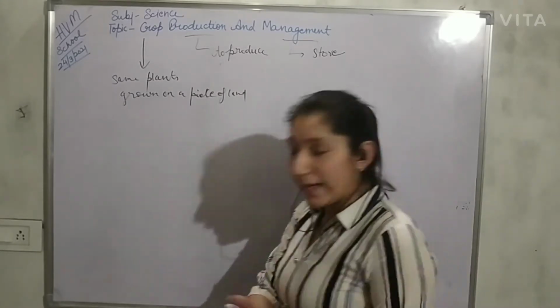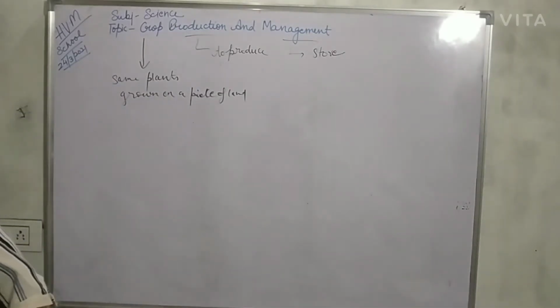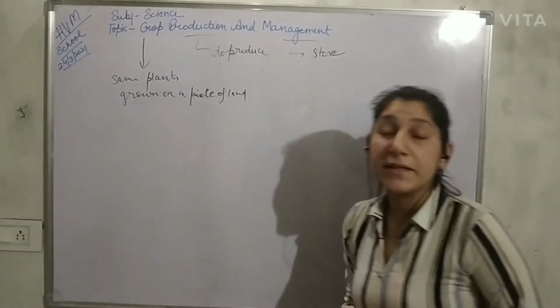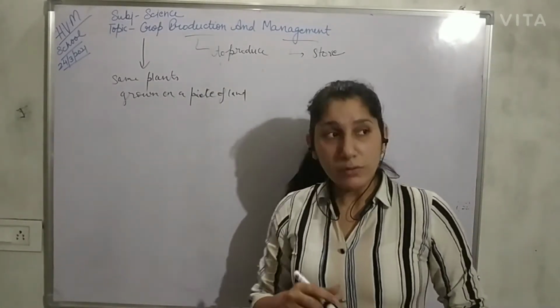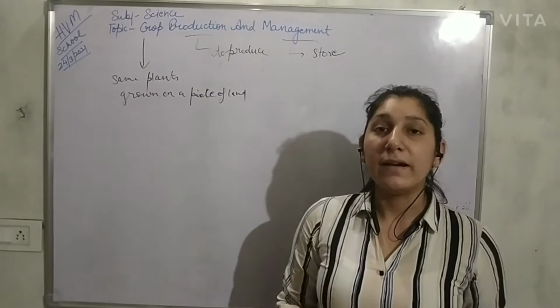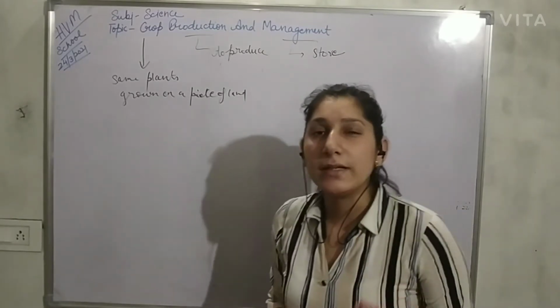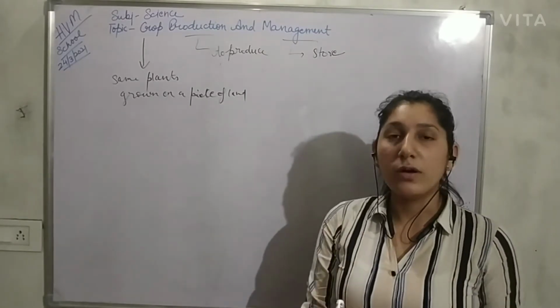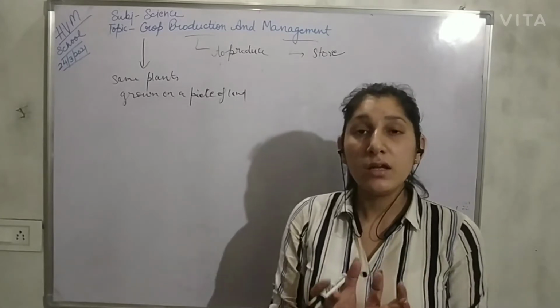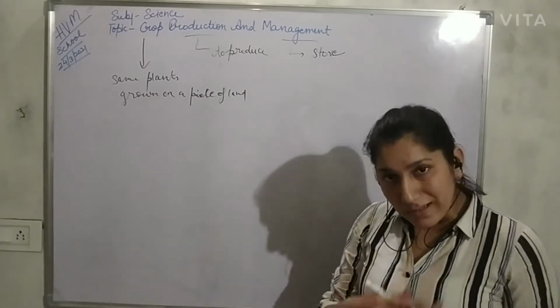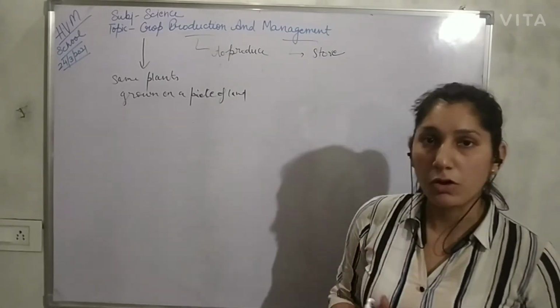So next topic is, we know that whenever we want to grow a crop on a land, we want the land to be fertile, which means that we want that land to contain nutrients which will enhance the production of the crop.